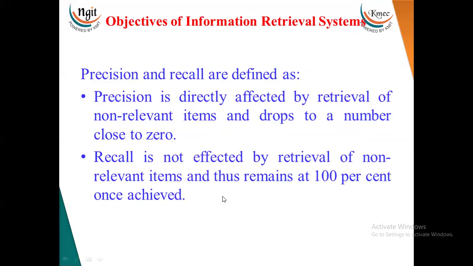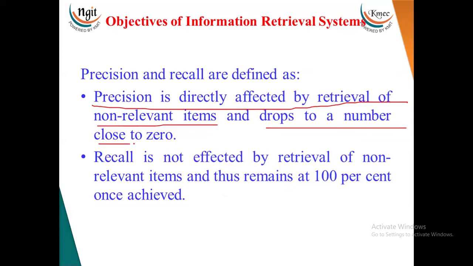Now, what are precision and recall? Precision is directly affected by the retrieval of non-relevant items and drops to a number close to zero. Whatever you're getting, precision relates to non-relevant items.